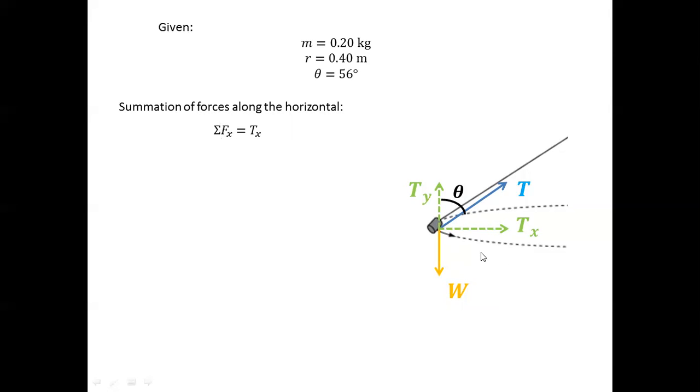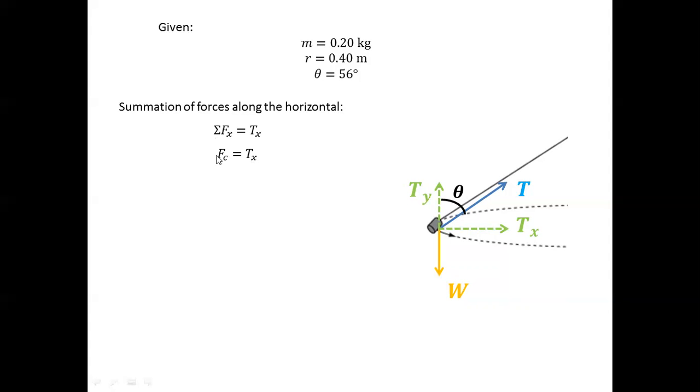Now, remember that this bung is moving in a circular path horizontally, which means that it experiences a net force. Any object that traces a circular path experiences a net force, which is the centripetal force. So we will replace this expression for the net force along the horizontal with the centripetal force F sub c. So Fc is equal to T sub x.